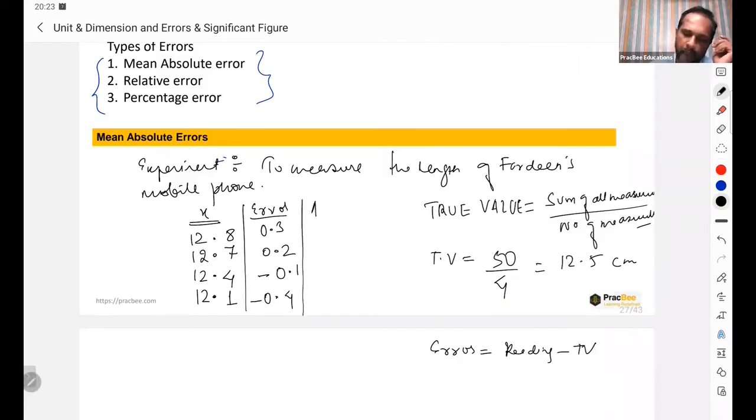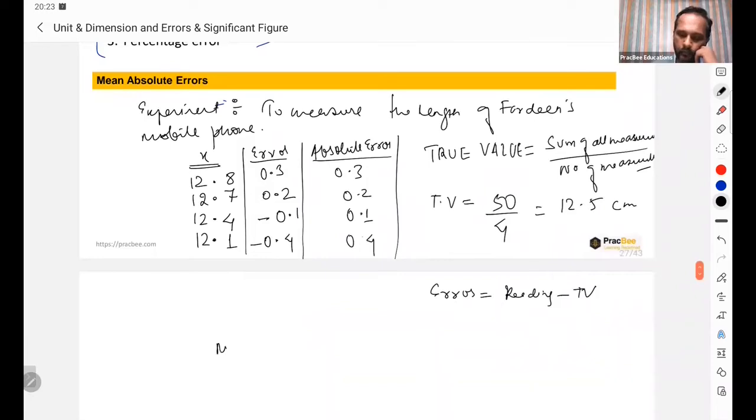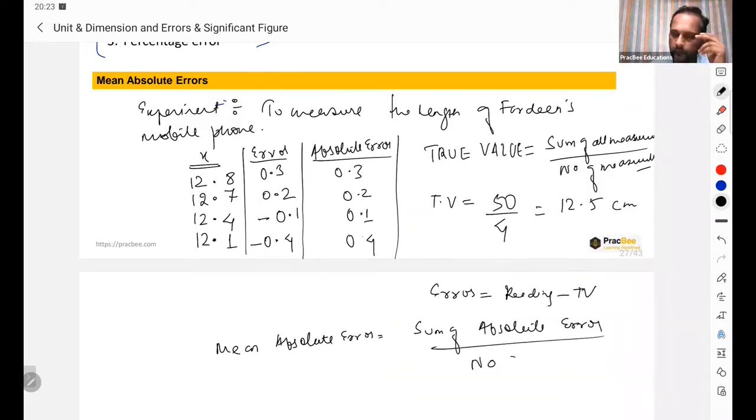Then we define absolute error. Absolute error is the positive value of this: 0.3, 0.2, 0.1, 0.4. This is absolute error. So mean absolute error, Fardeen, is the sum of absolute errors divided by the number of terms.